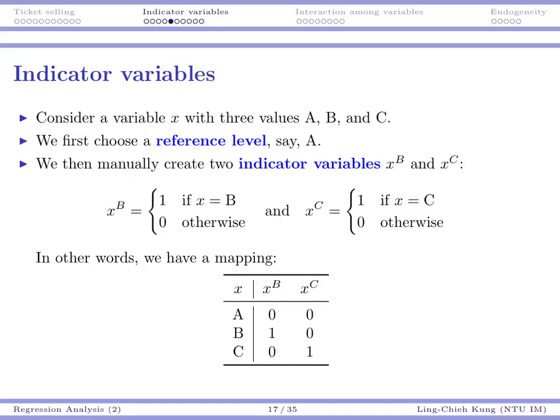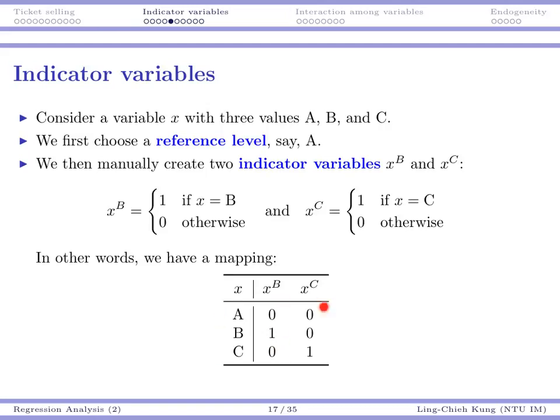So what does that mean? That means we want to use xb and xc to represent x. X has 3 possible values, but xb and xc, each of them is binary. Okay, so we want to use 2 binary variables to represent x. X has 3 values.